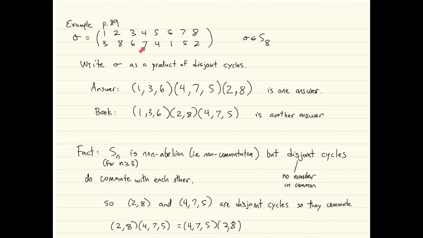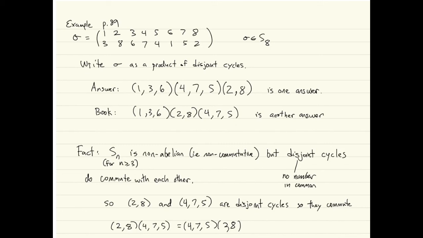It sends 4 to a 7, and you just continue the process. 7 goes to a 5, 5 gets sent to a 4, and 4 has already appeared in this cycle, so what you want to do then is close the parentheses. You won't see a number that's appeared in a different cycle already. If you do, then you've made a mistake. It's only a number in the cycle that you're currently within that could possibly reappear.